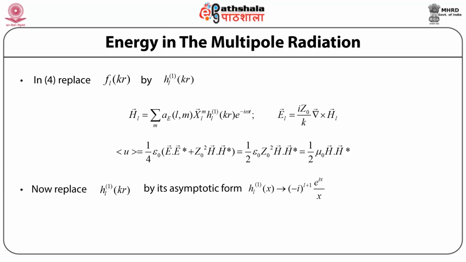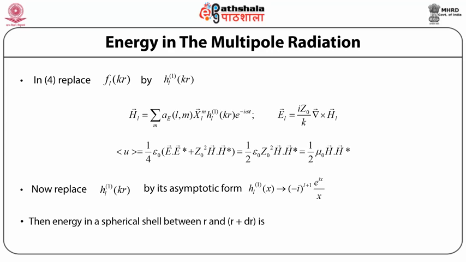Now replace h_L^(1)(kr) by its asymptotic form, that is h_L^(1)(x) tends to minus iota raised to power L plus 1 into e raised to power ix divided by x.